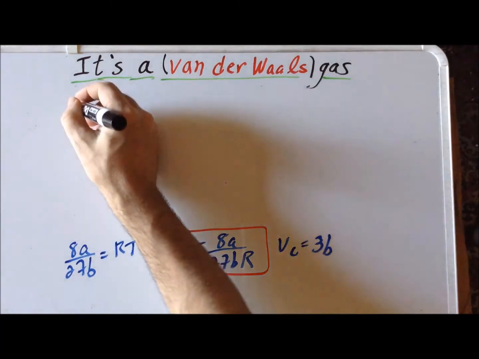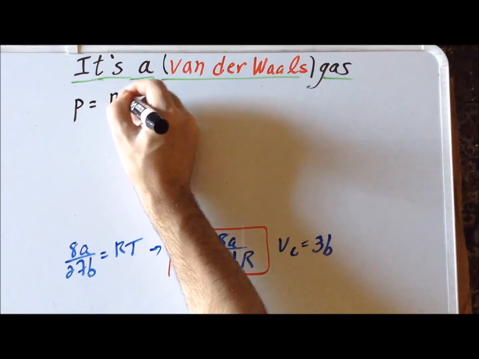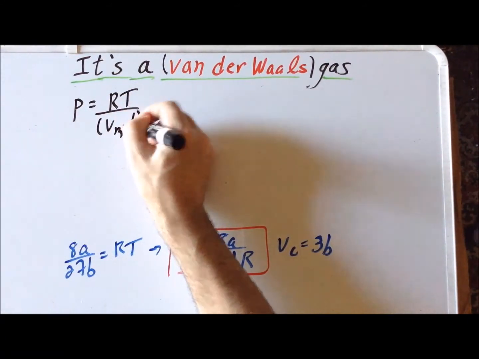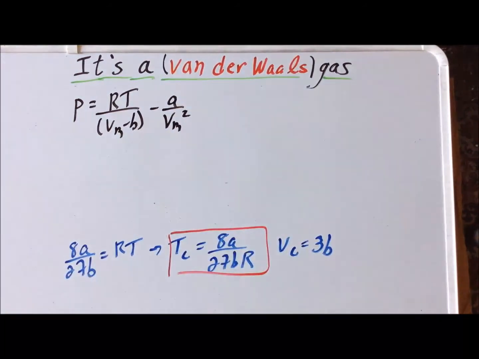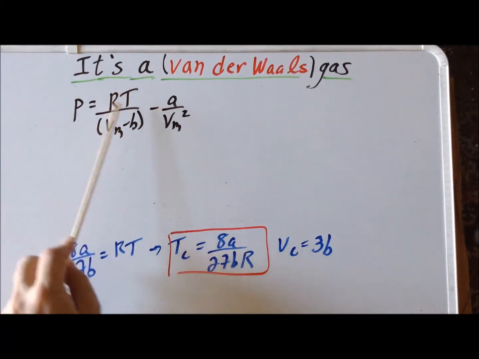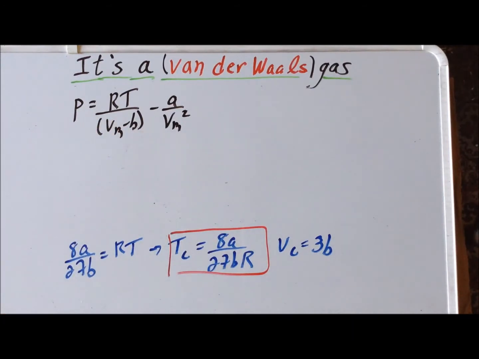Recall that the equation of state for the van der Waals gas is P equals RT divided by (V_m minus b) minus a divided by the molar volume squared. So to find the value for the critical pressure, we substitute the value for the critical temperature and the value for the critical volume into the van der Waals equation.